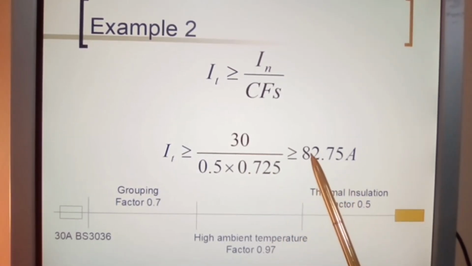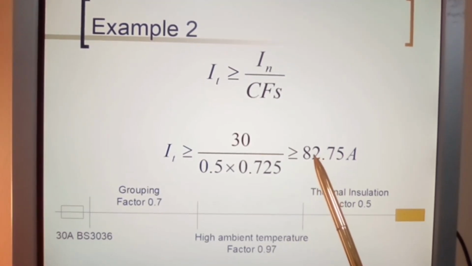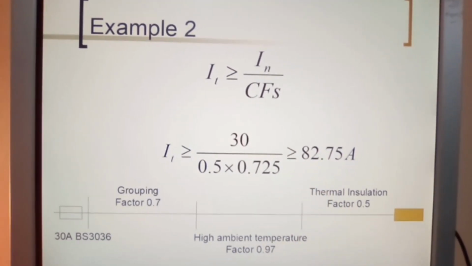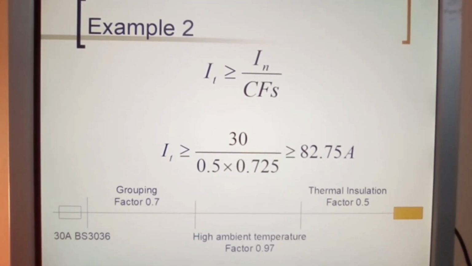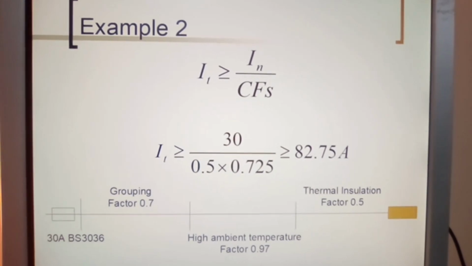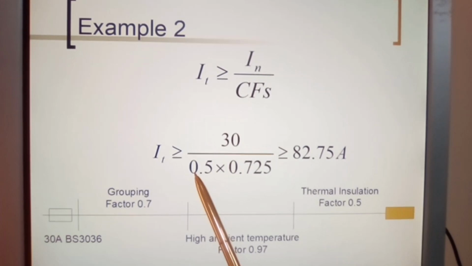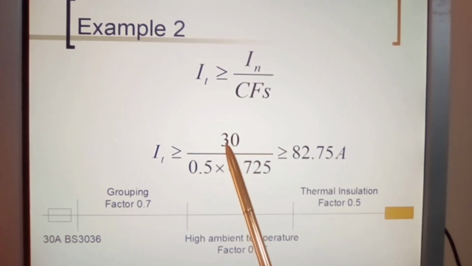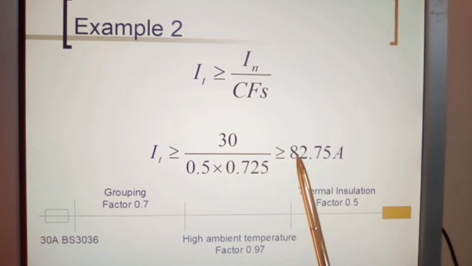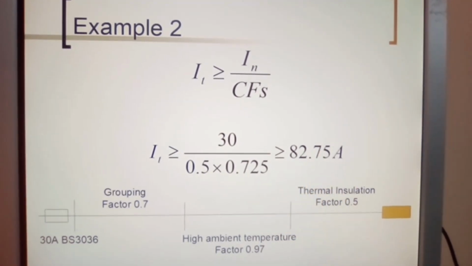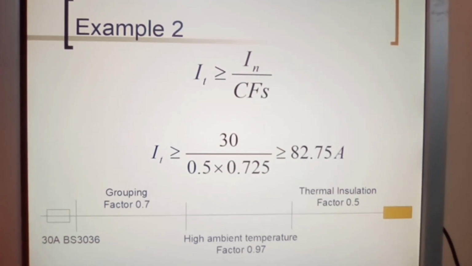You can see that immediately there's an increase in the amperage, which means that cable is going to be carrying a lot of current and getting very warm indeed. Remember, you're multiplying those factors together and dividing by the total factor, which should give you 82.75. Feel free to use your calculator to make sure you understand and arrive at that concept.